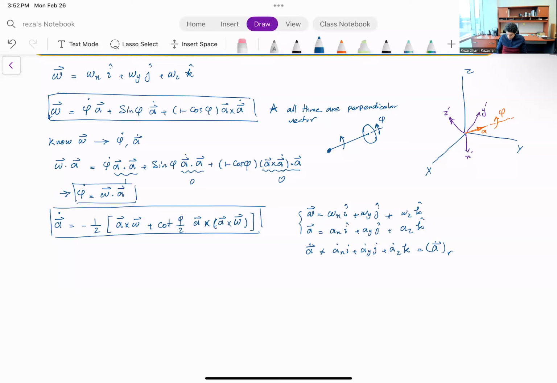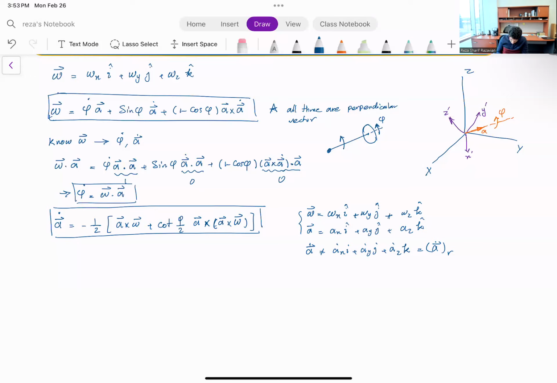To have a good comparison between current omegas and A x, A y, A z, we would like to know these A dot x, A dot y, A dot z, instead of the full change of the vector.